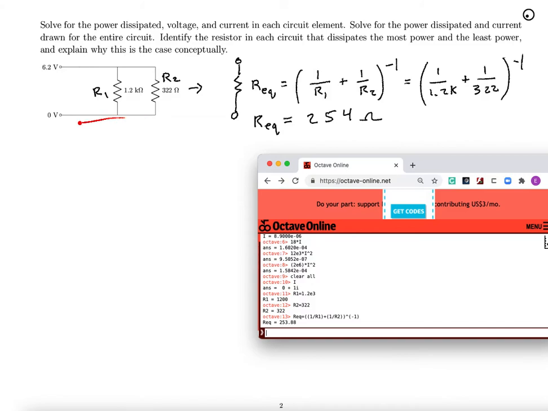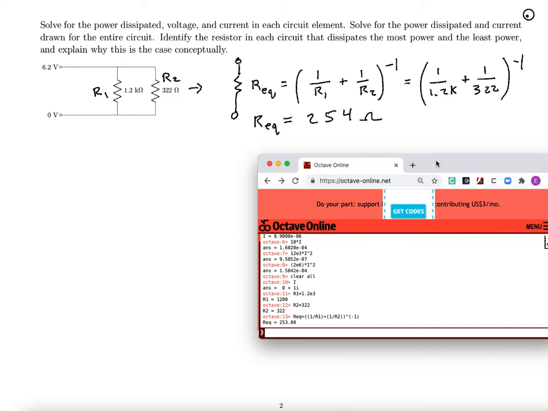Lots of current we expect to be flowing through this one, somewhat less current through R1, but the sum of them together is able to transmit more current than either one of them apart. So quite a different situation than resistors in series, and that's what this reciprocal rule that we used helps insist upon. Okay, so we have our equivalent.